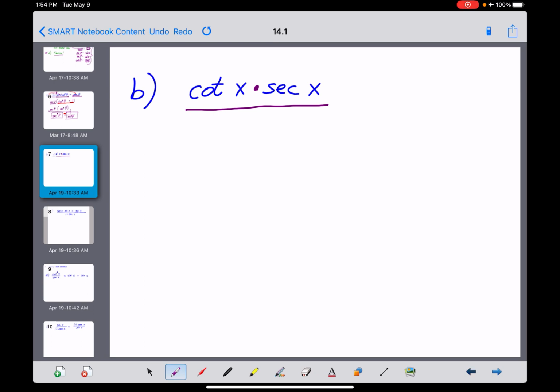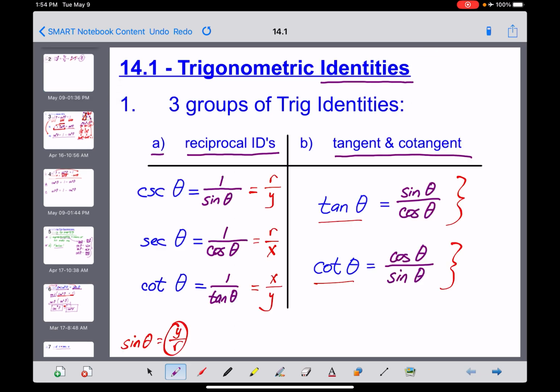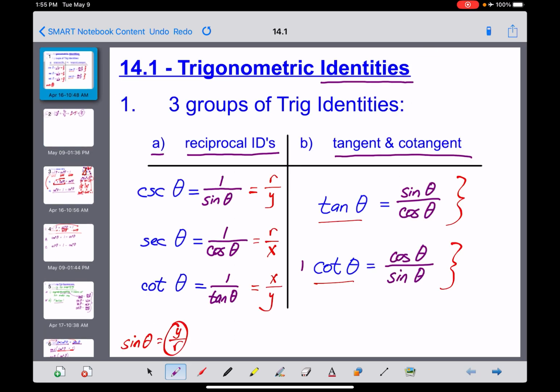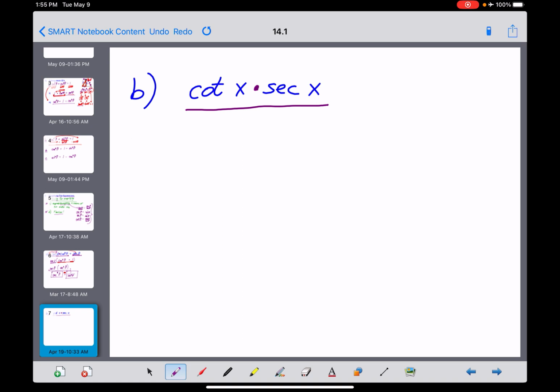So cotangent of x, I'm using x and not theta here, but that's fine. Cotangent of x or theta, I'm going to use this identity right here, and I'm going to turn cotangent into cosine over sine. So here you go. Cotangent of any angle is going to be cosine of the same angle divided by the sine of the same angle.